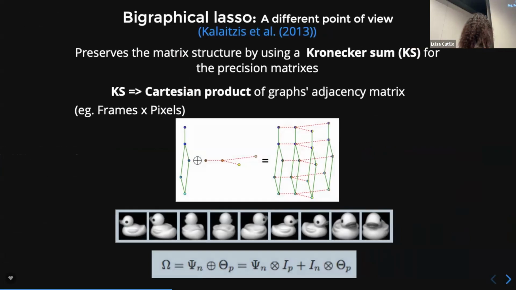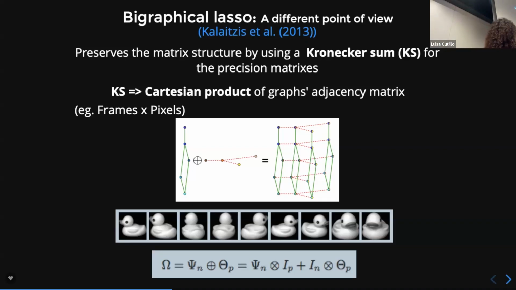The first work that we mention here is the bigraphical lasso from Kalaitzis et al., where they exploited the Kronecker sum of the two precision matrices that you can interpret as the graph along the two axes. You can imagine this is along the genes, this is along the cells, and that translates into the Cartesian product of the graphs.